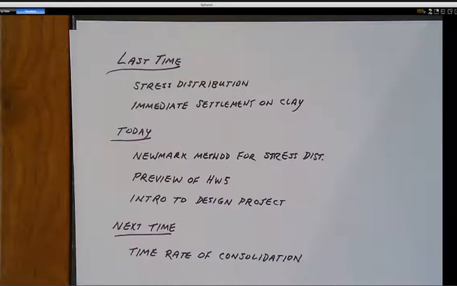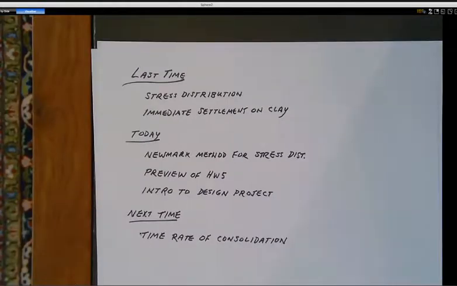Homework 4, which is coming around, is due, I set the deadline for Tuesday, the 4th of November, I believe. And I'll check that when we get around to Canvas.